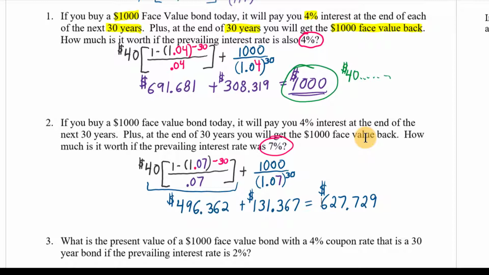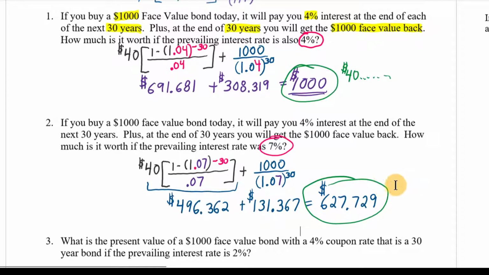If there's any chance that you're going to buy a bond and then maybe later sell it, they're not a safe investment. Because as we see, the interest rate going from 4% to 7% can decrease the value of the bond that you own quite a bit, from $1,000 down to $627, right? That's a big decrease.